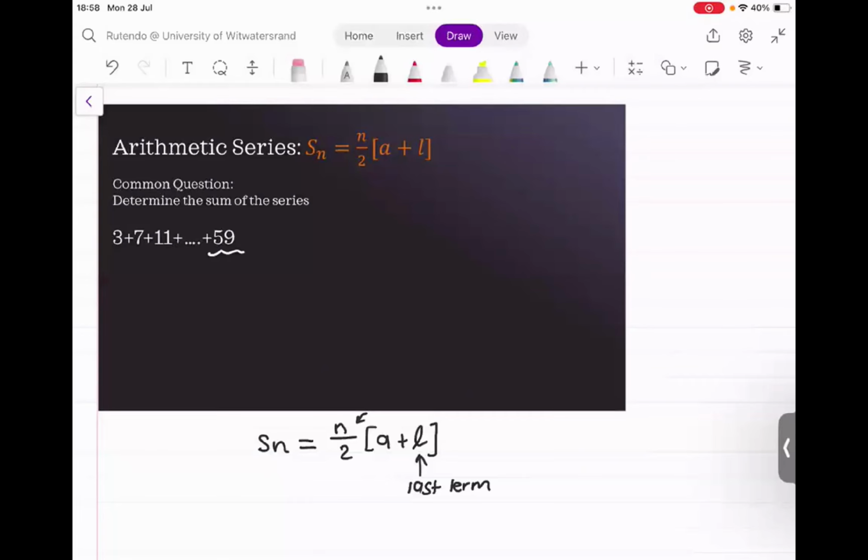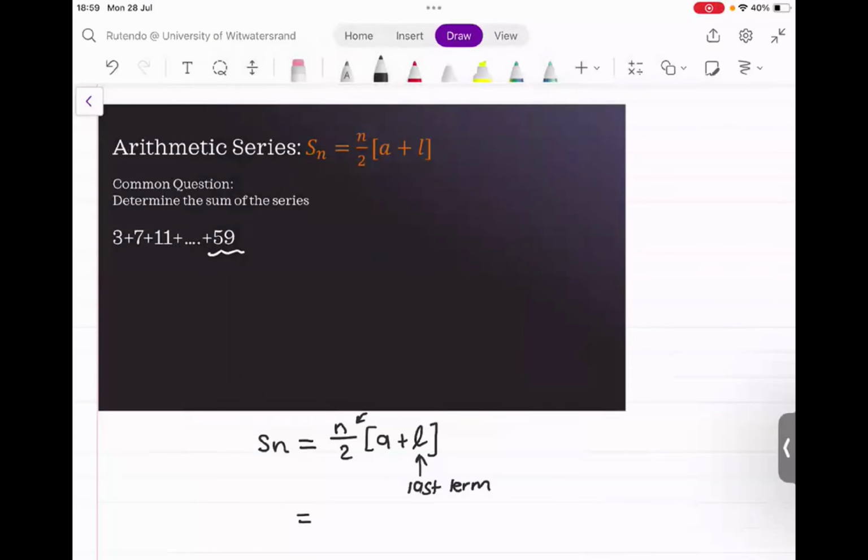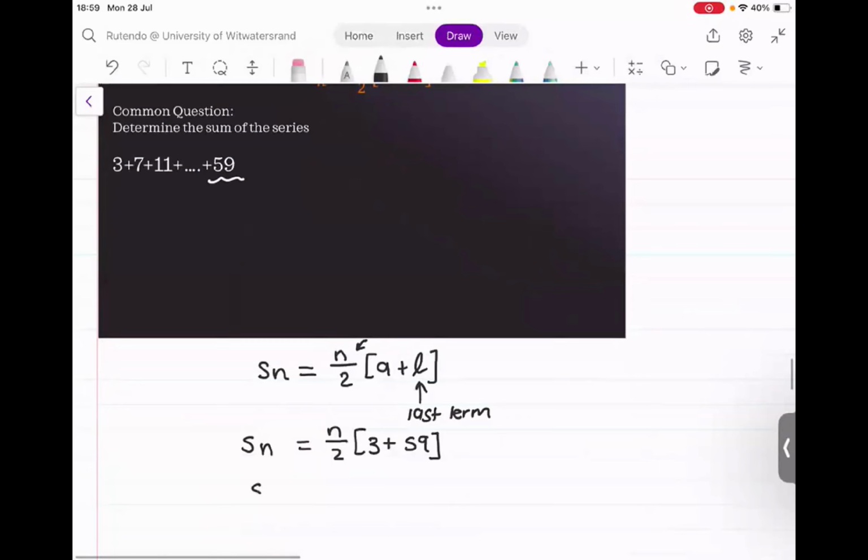I just know that I can put in my A, which is 3, and my last term is 59. So I know that my sum is n over 2 times 59 plus 3, which gives me 62.